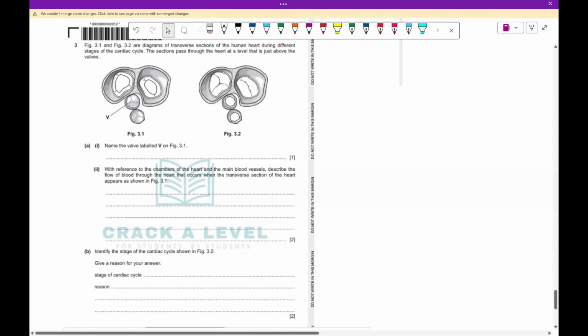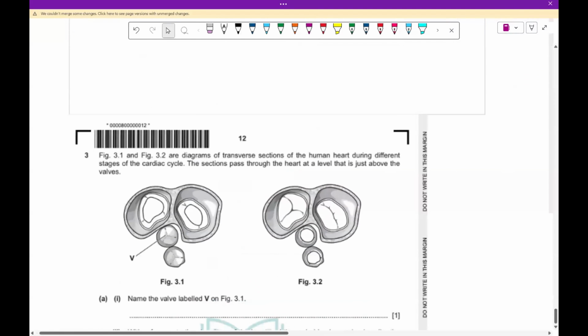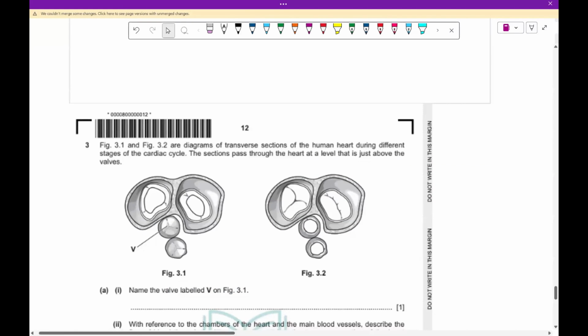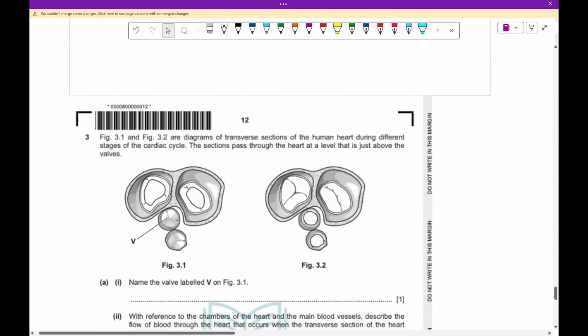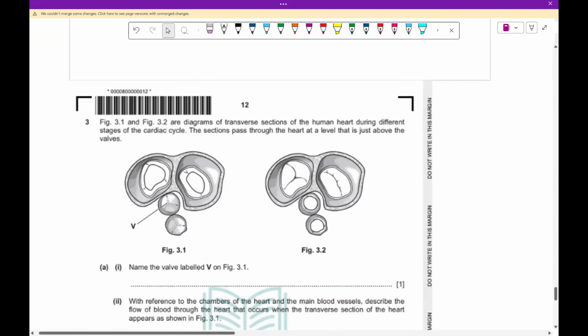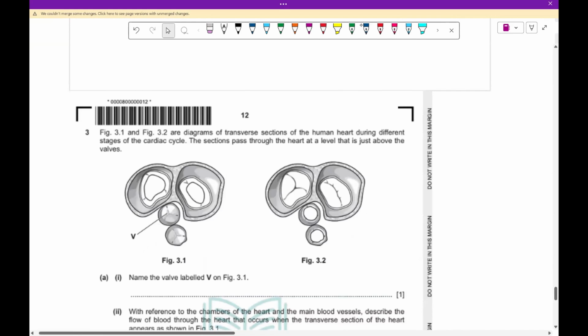Okay, question number 3. Here 3.1 and 3.2 are diagrams of transverse section of the human heart during different stages of the cardiac cycle. The sections pass through the heart at a level that is just above the valves. So we can see the two atrioventricular valves. This is the bicuspid, so it is the left heart, and this is tricuspid.